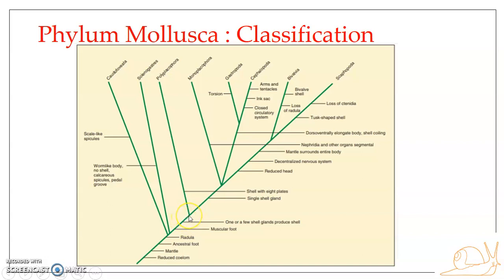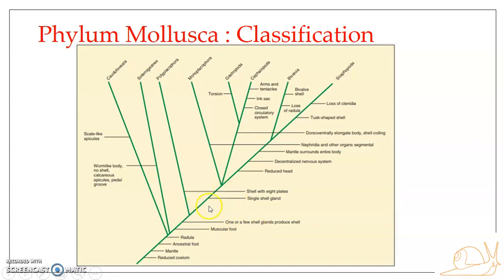This ancestor gave rise to Polyplacophora, which had a shell with 8 distinct plates. So all Polyplacophorans evolved from an ancestor having a shell, right? These two groups, the Solenogastres and Caudofoveata, were shell-less. But the Polyplacophora arose from an ancestor with a shell.